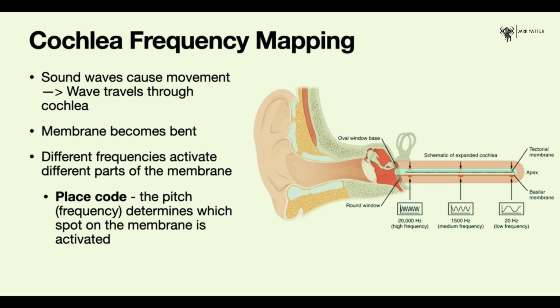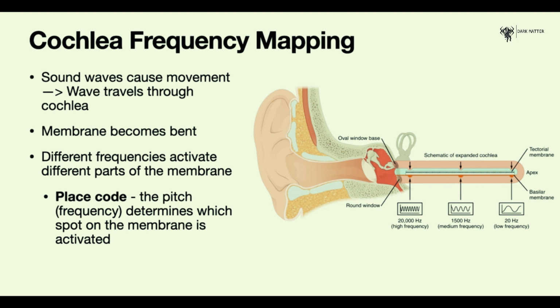The cochlea is capable of transmitting information about the frequency of a sound wave due to structural differences in the thickness and the stiffness of the basilar membrane throughout the cochlea. This is a diagram of the cochlea as if it were stretched out, because it is easier to visualize this concept on this straight cochlea rather than the curled up cochlea.